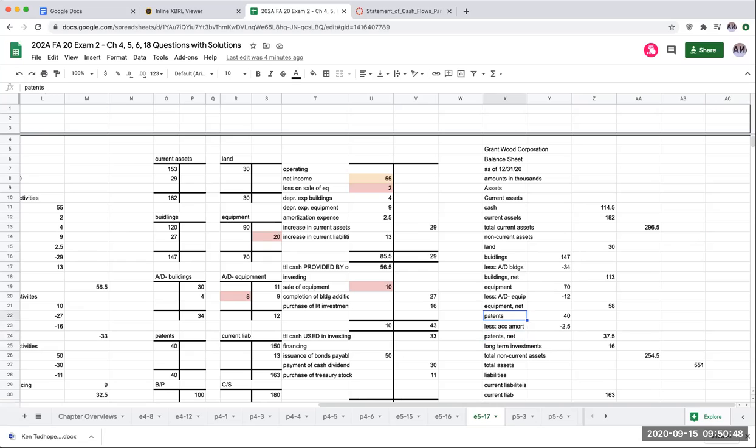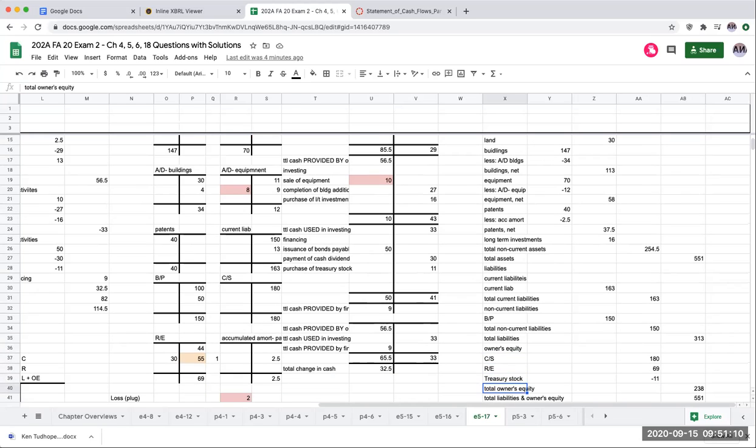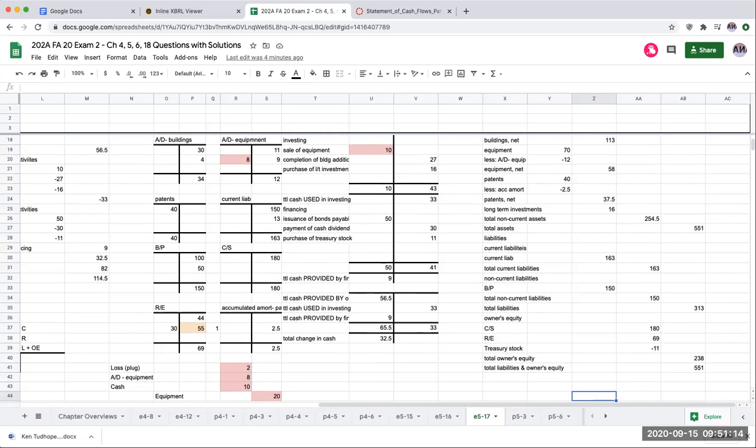You probably would want to say property, plant, and equipment, and then over here patents, but as long as you're listing it as a non-current asset, I'm okay with it. And then in terms of liabilities, we're on the same track. I call it non-current, they're calling it long-term. Over here, stockholders' equity, and then treasury stock.